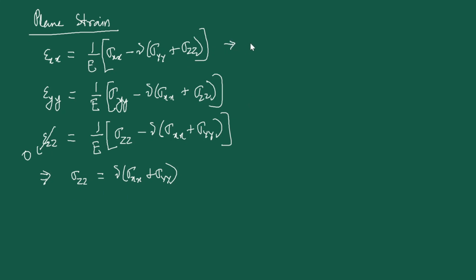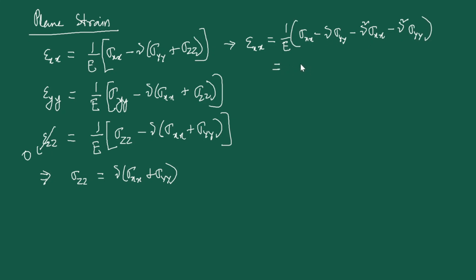What you will obtain basically is epsilon xx is equal to 1 by E, sigma xx minus nu sigma yy minus nu square sigma xx minus nu square sigma yy.